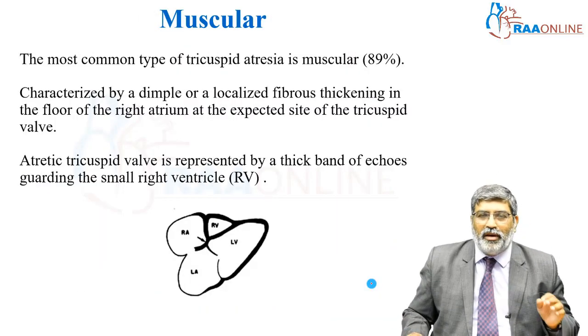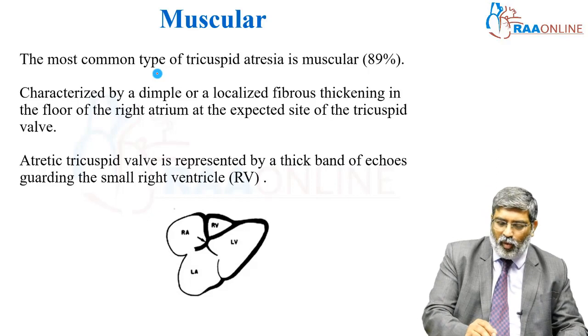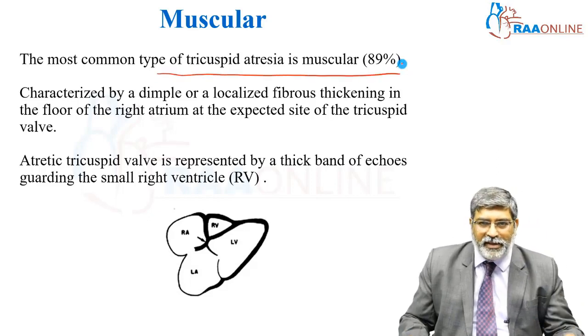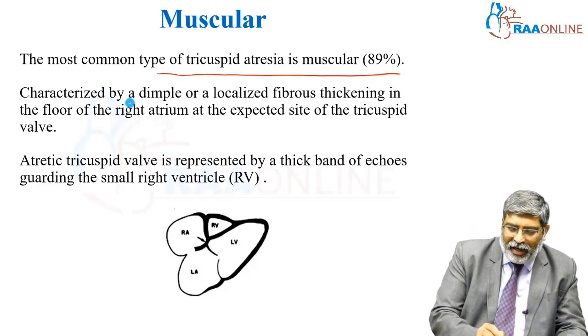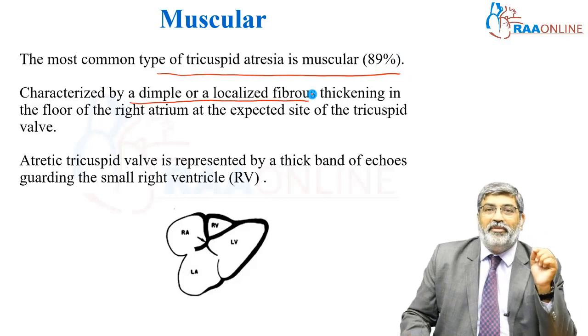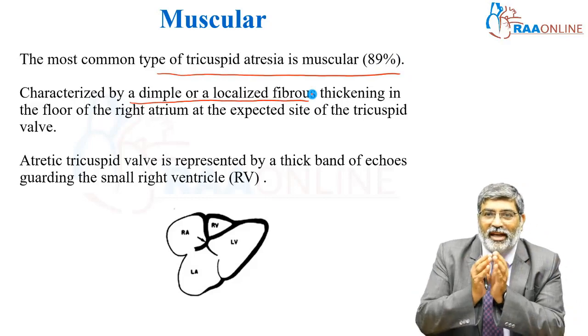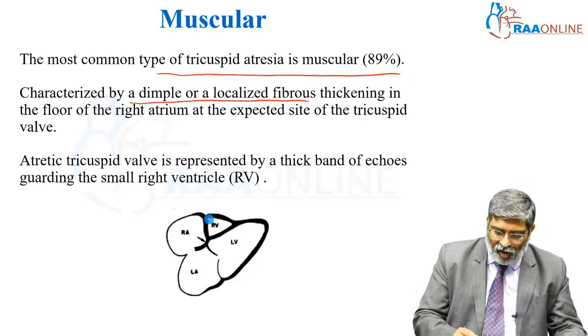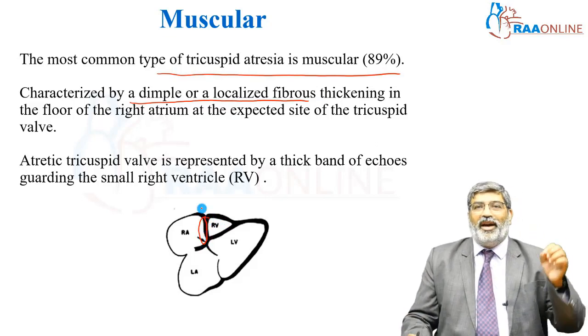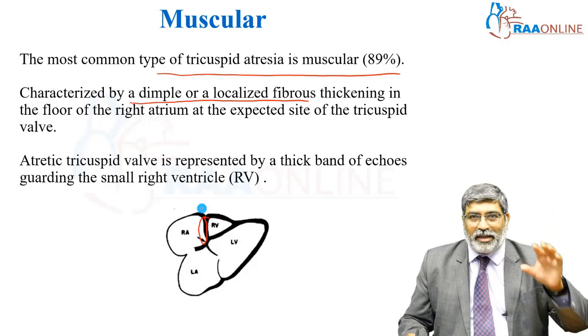Now coming to the muscular type, which is the most common type of tricuspid atresia. Here it is characterized by a dimple or a localized fibrous thickening on the floor of the right atrium, where the tricuspid valve is expected to be.